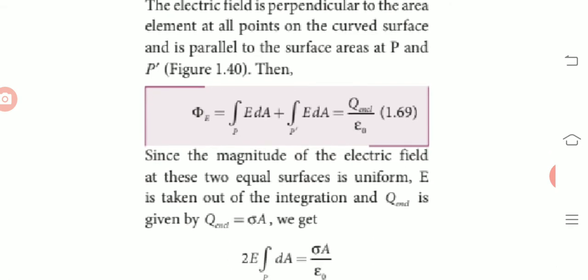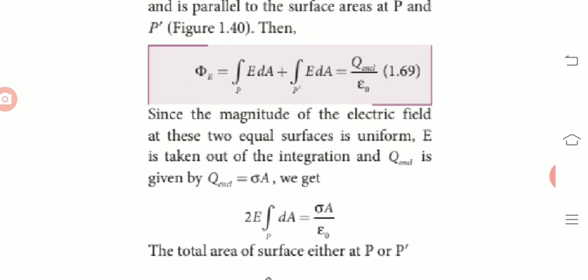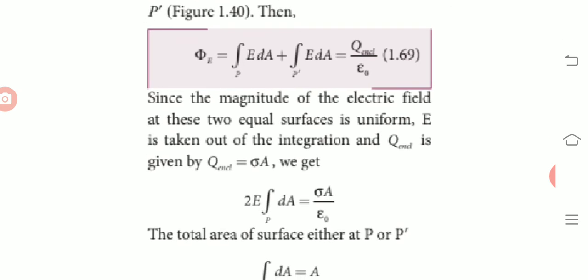Sigma means charge density, and A is the area of the Gaussian surface. Now we get 2E times the integral of dA equal to sigma A divided by epsilon naught.